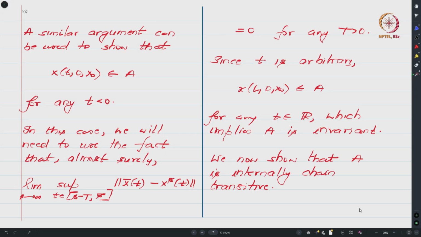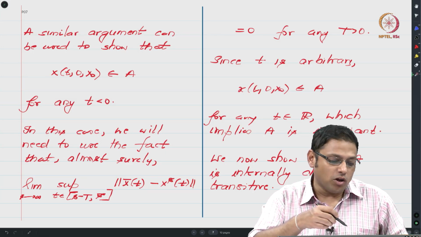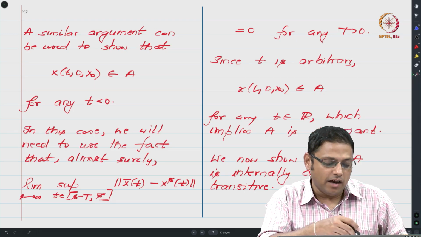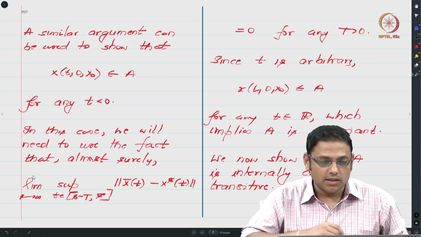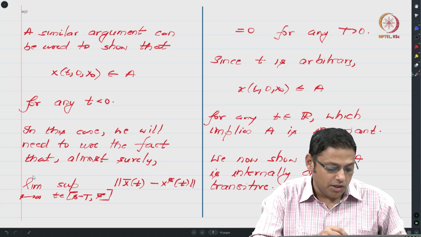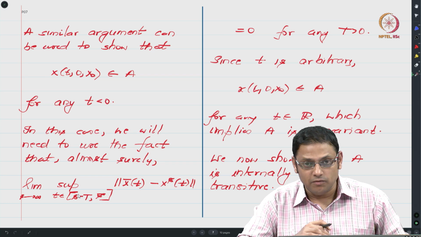And we can in a similar fashion show that A is negatively invariant, and for that we have to repeat the same idea by picking t less than 0 and making use of the second part of that technical lemma. So, recall that we were working with this window from S to S plus t in the previous slide.